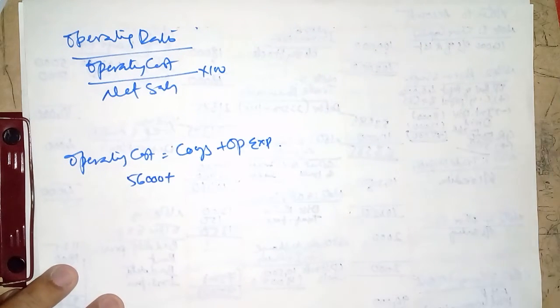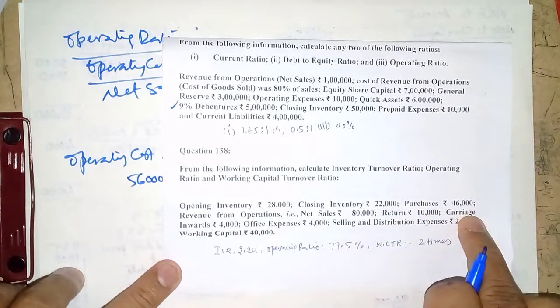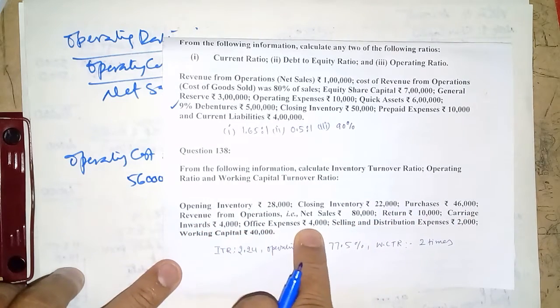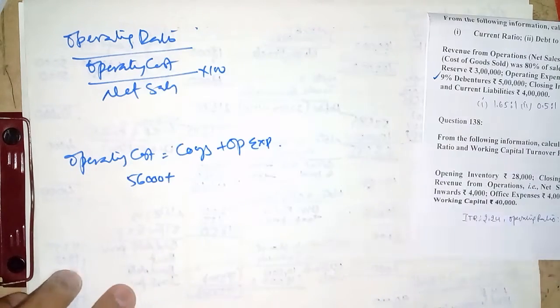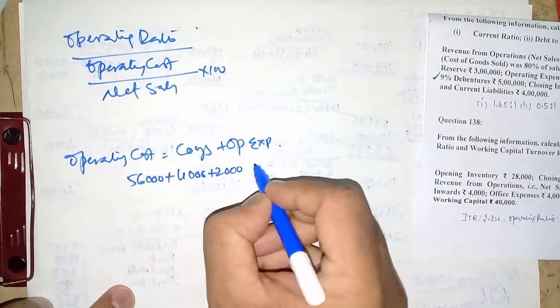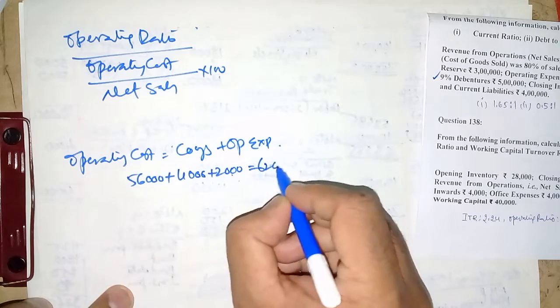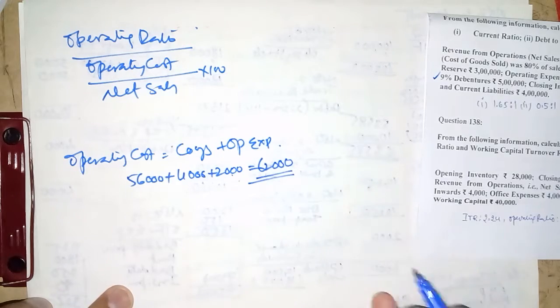In this question, what operating expenses have been given? Sales returns, carriage inwards, office expenses and selling expenses. 4,000 plus 2,000, that is equal to 6,000. So 62,000 is your operating cost.